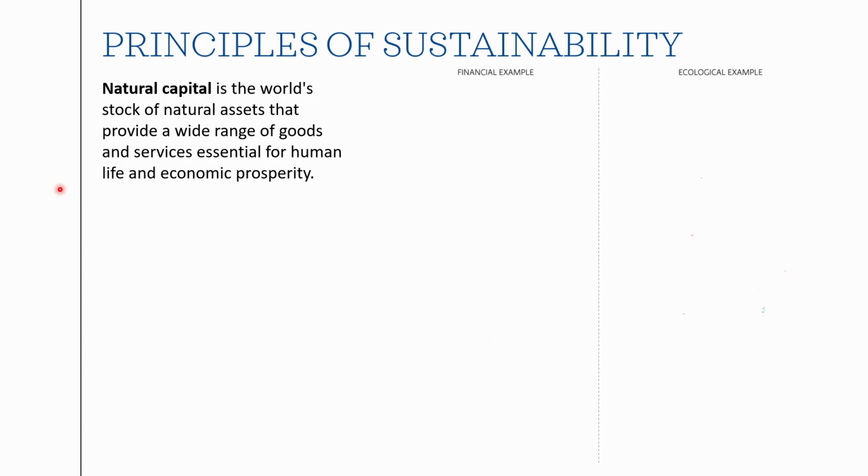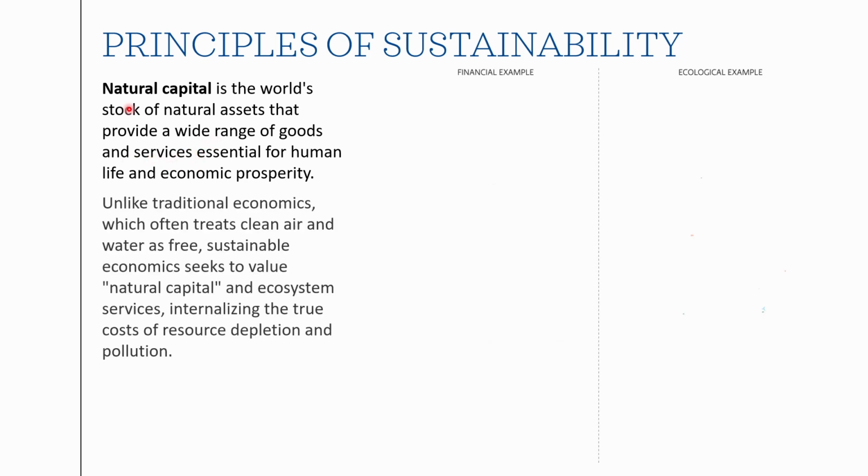So one way that sustainability works is to understand that natural resources are really like natural capital. But natural capital doesn't include just resources like fine earth metals or water, but also the ecosystem services we talked about back in Unit 3.